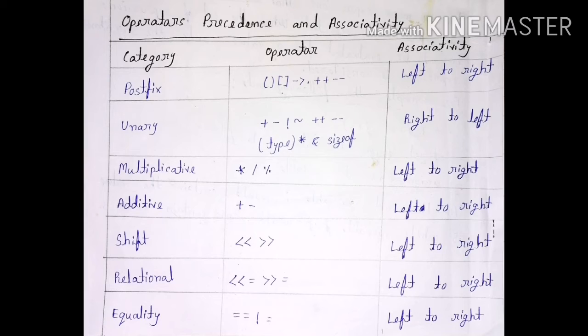Then multiplicative, the associativity is left to right. Then additive, associativity is left to right. Shift, associativity is left to right. Relational, associativity is left to right. And equality, associativity is left to right.